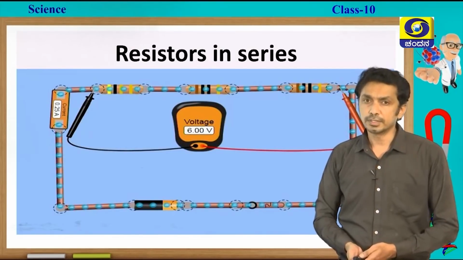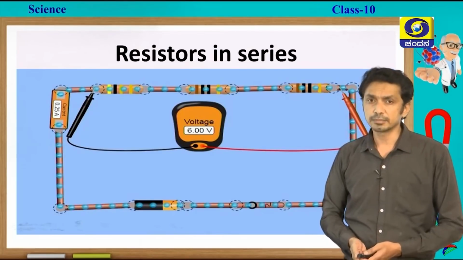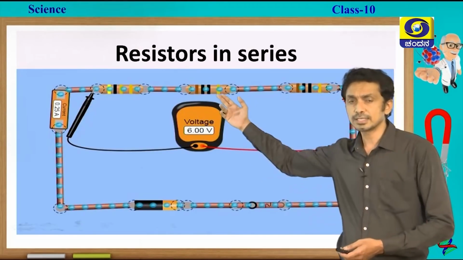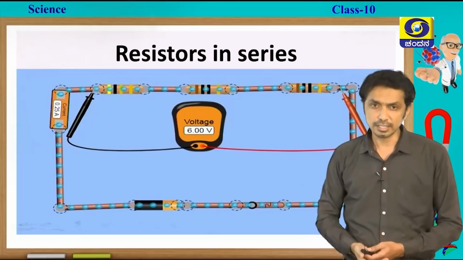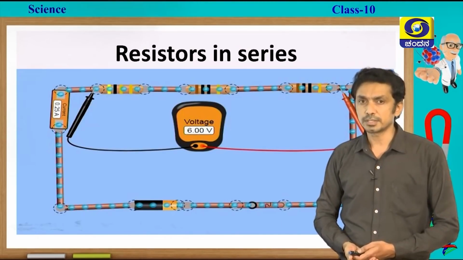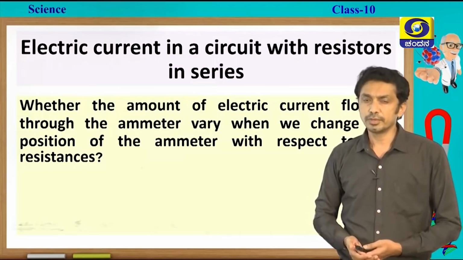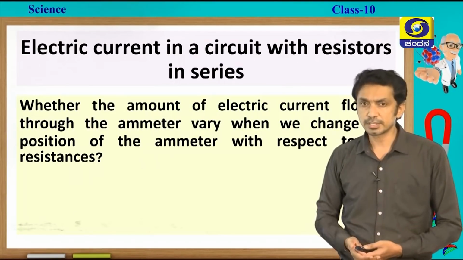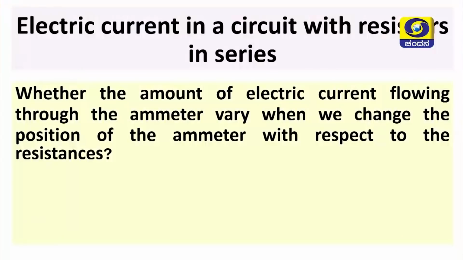Yes, children, here in this diagram you are seeing that the resistors are connected in series, right? Now, my question to you is whether when we connect the electrical components in series, the amount of current that flows through each resistor will vary.